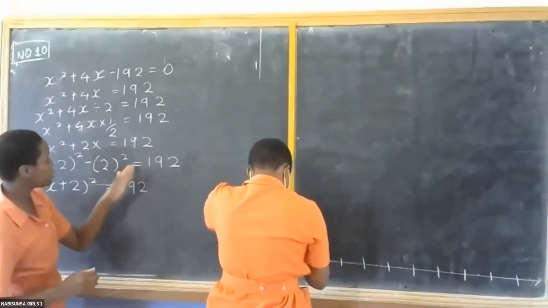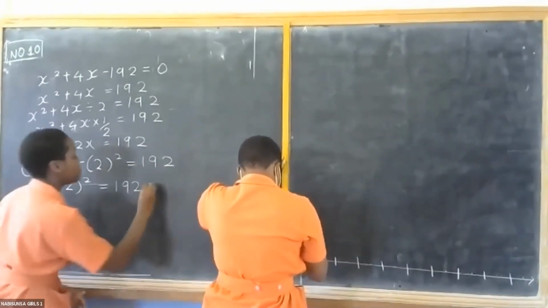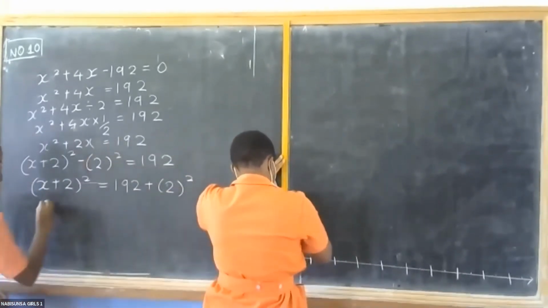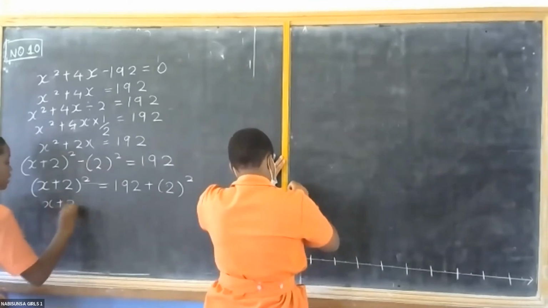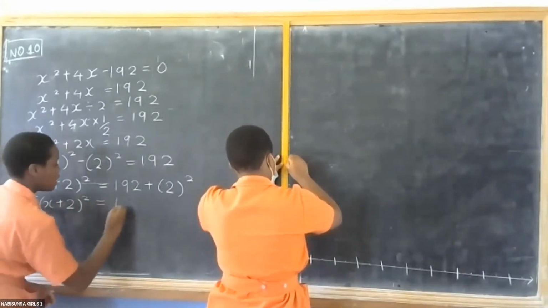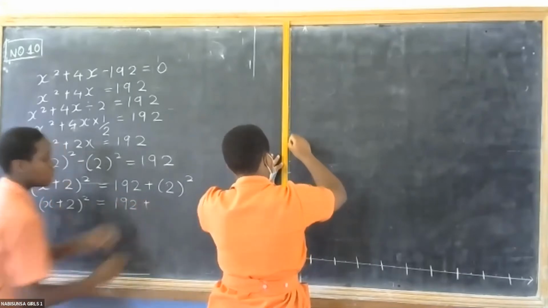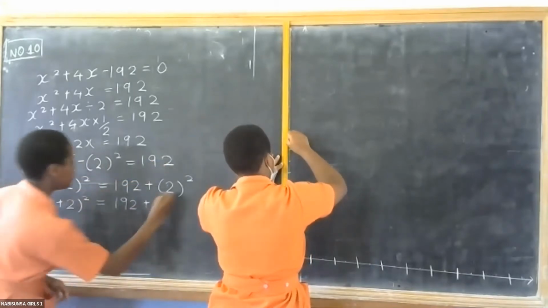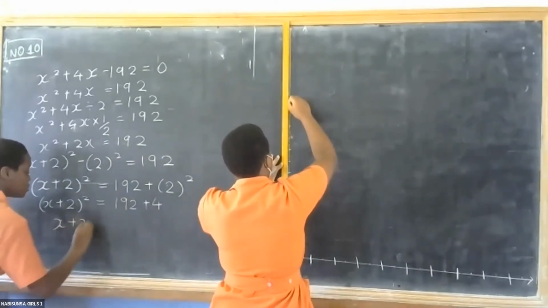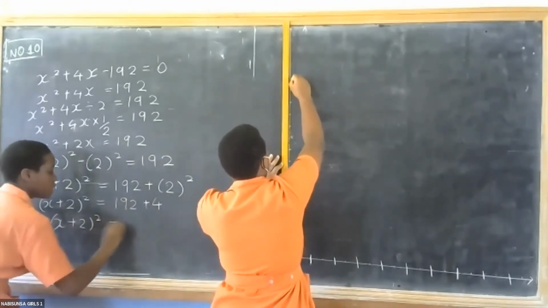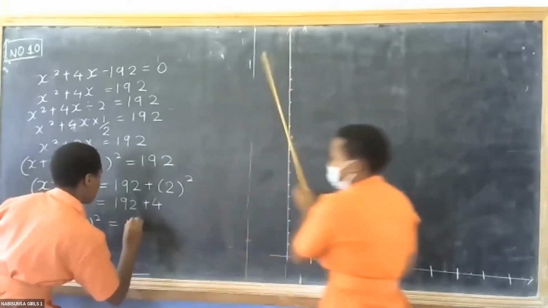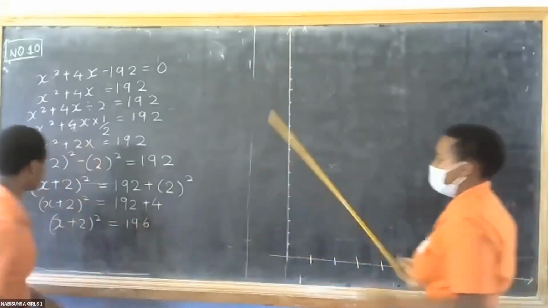Since it crosses the equal sign, it becomes a positive 2 squared. So x plus 2 squared will be equal to 192 plus 4, since 2 squared gives us 4. So x plus 2 squared will equal 196.